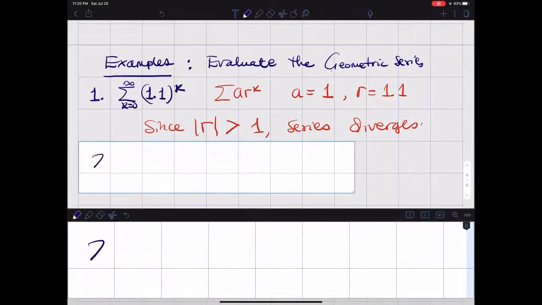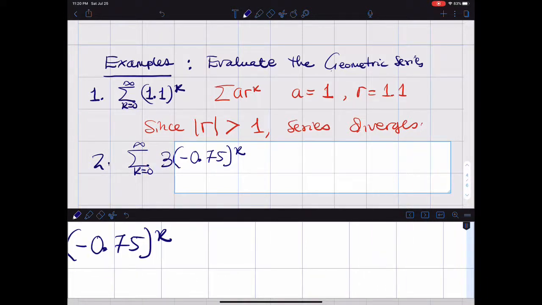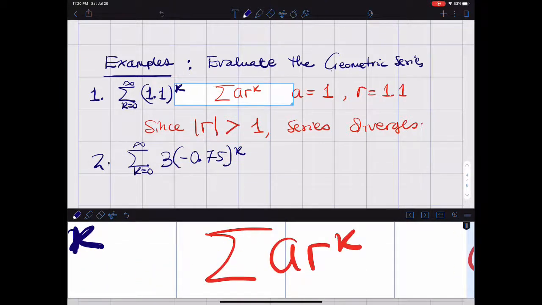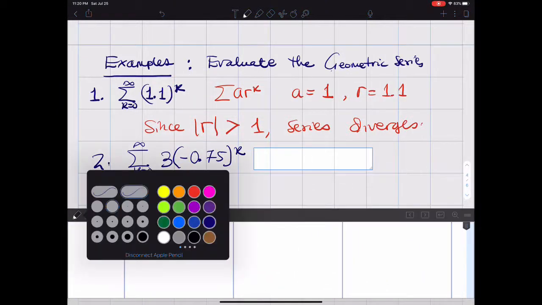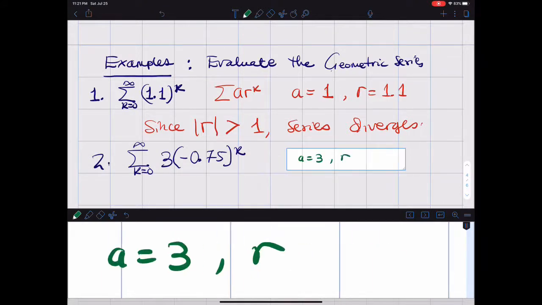Let's look at another example. The summation k from 0 to infinity of 3 times negative 0.75 to the power of k. Again, we're comparing it to that. I'm going to use green this time. Our a is 3 and our r is negative 0.75.